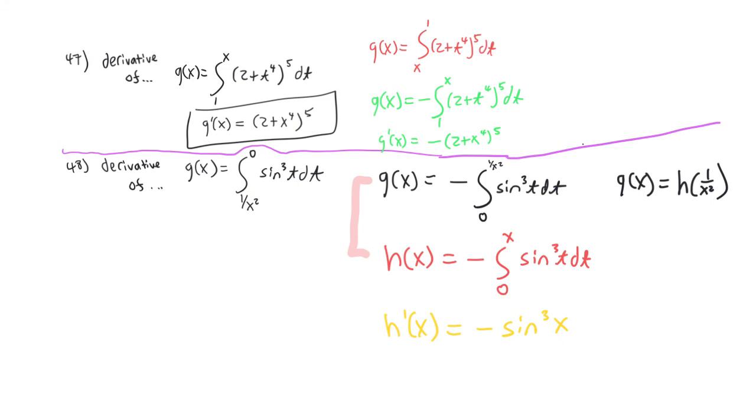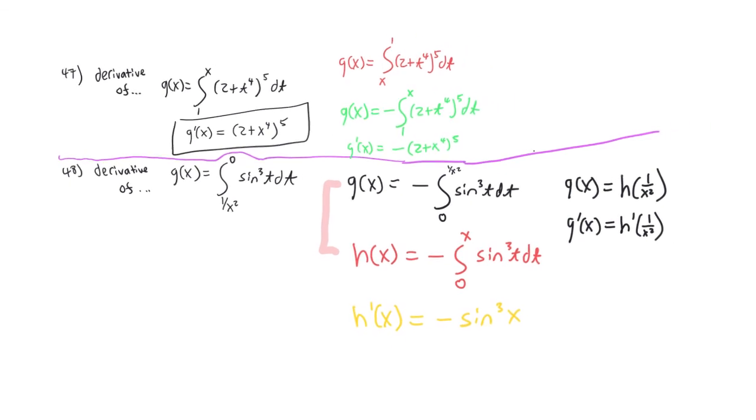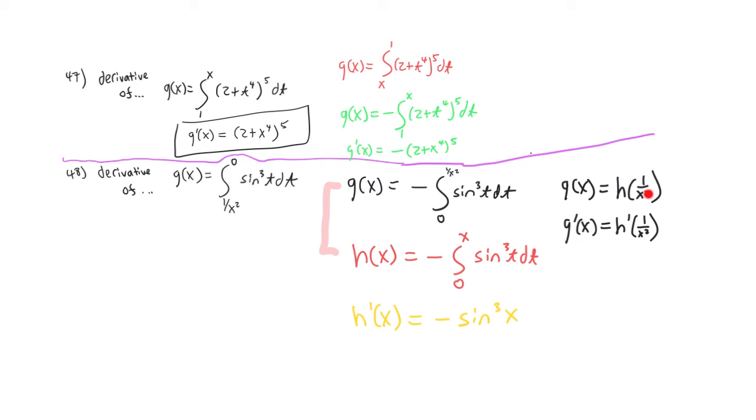So it stands to reason that g prime of x, aka the derivative of g of x, well, that's going to be the derivative of this. Except you can't just do that. You have to do the chain rule, okay? You have to take the derivative of this, and then you have to do the derivative of what's inside there.